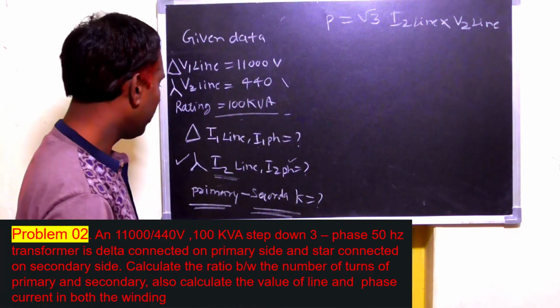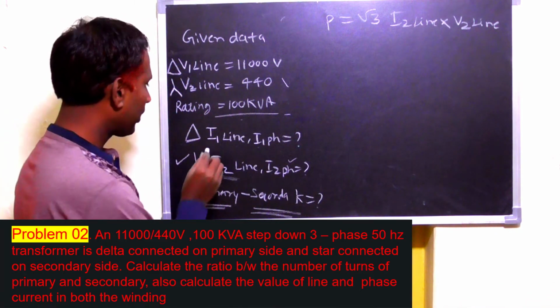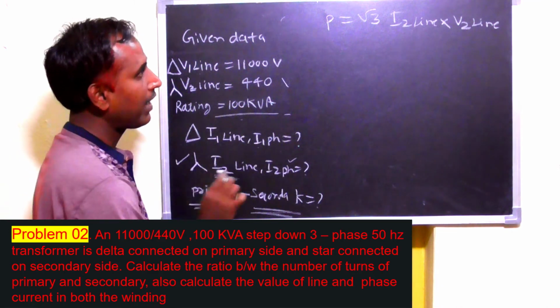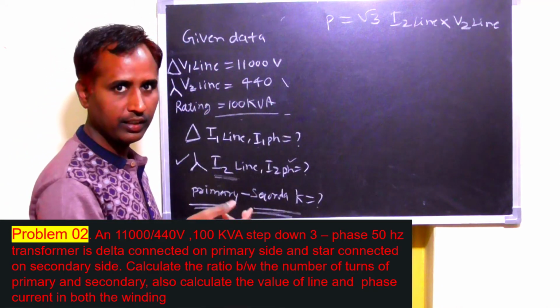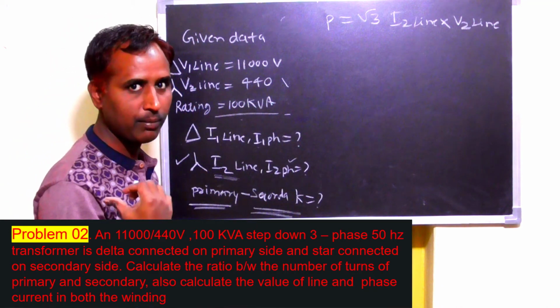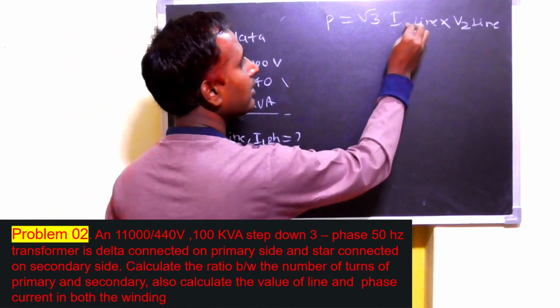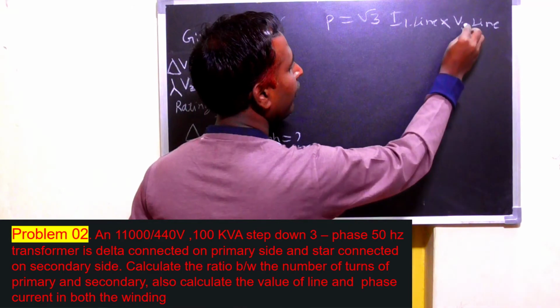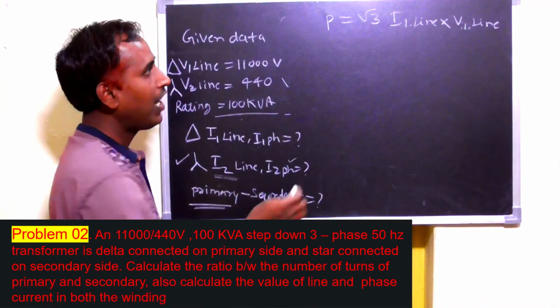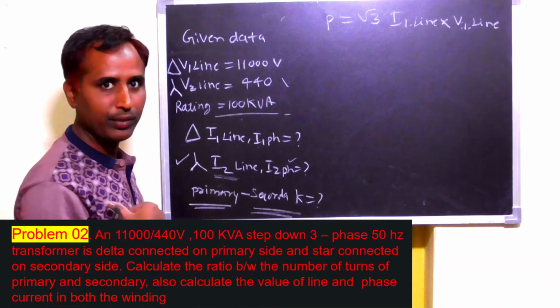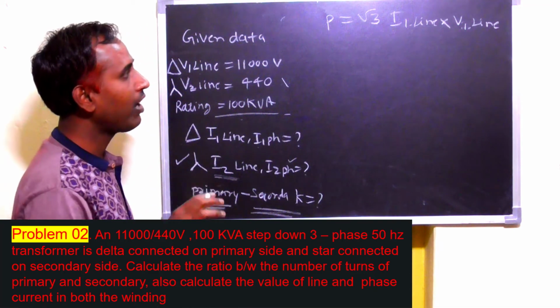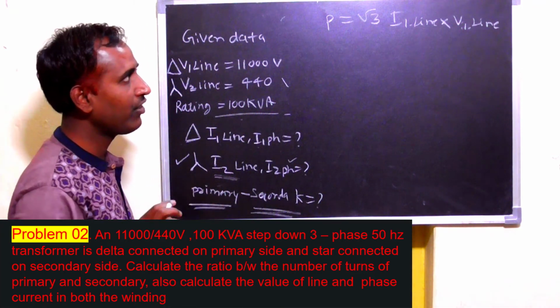To get the I1 line voltage, I can use this formula. Previously I solved this problem. In the first problem, I just replaced this with I1 and this with V1 line voltage. I found the I line in the previous problem. But here he is using a different formula.